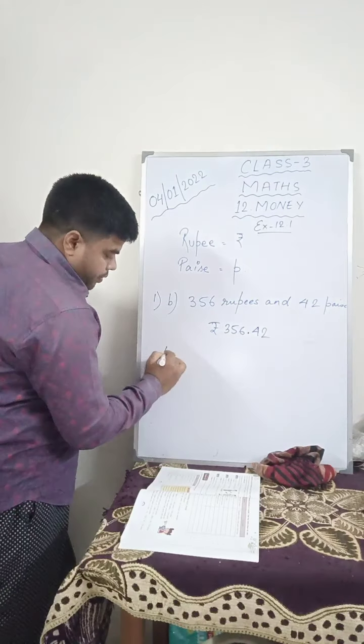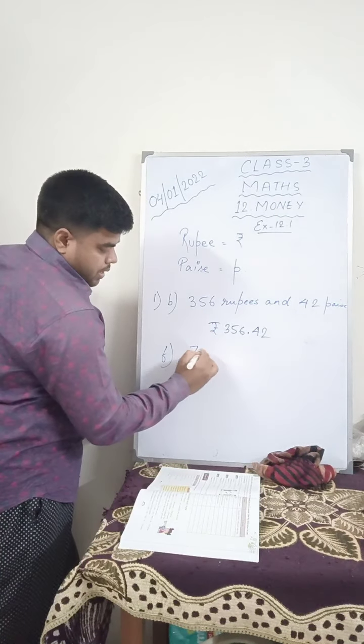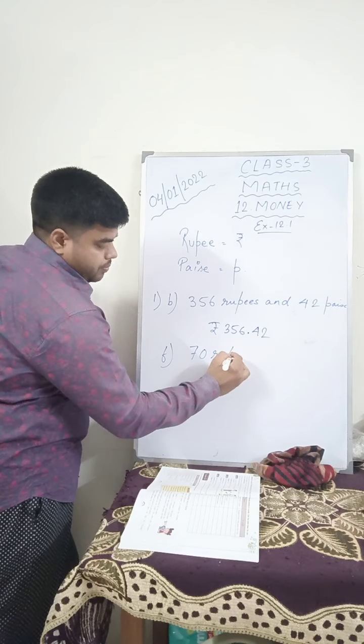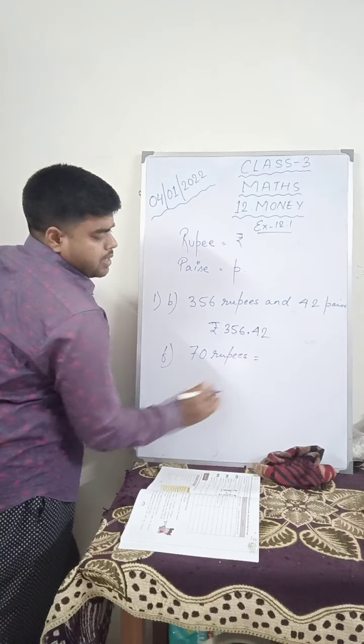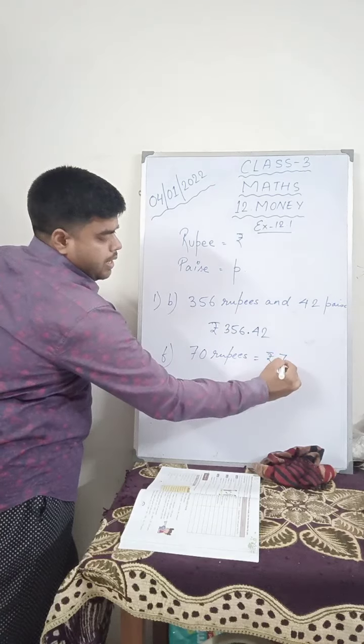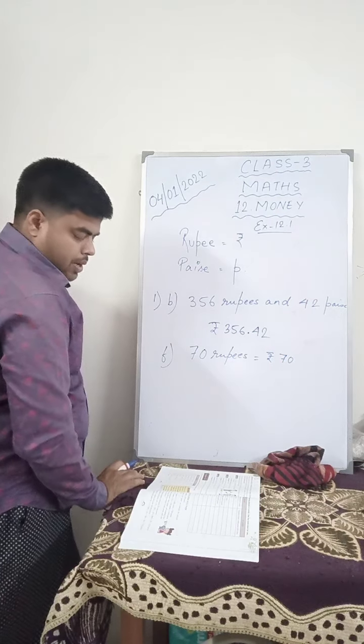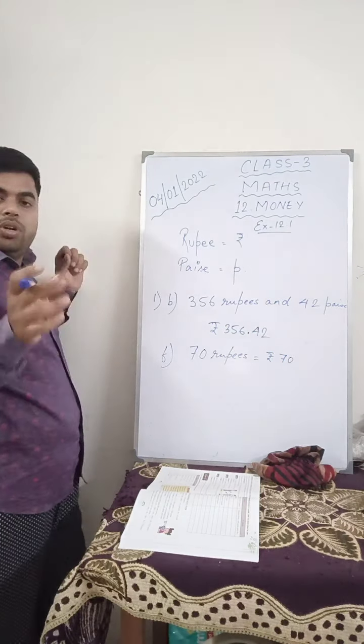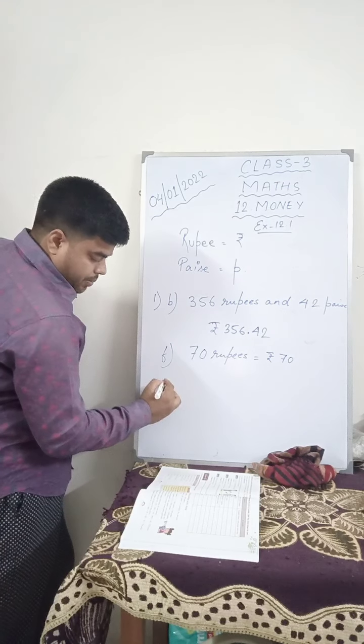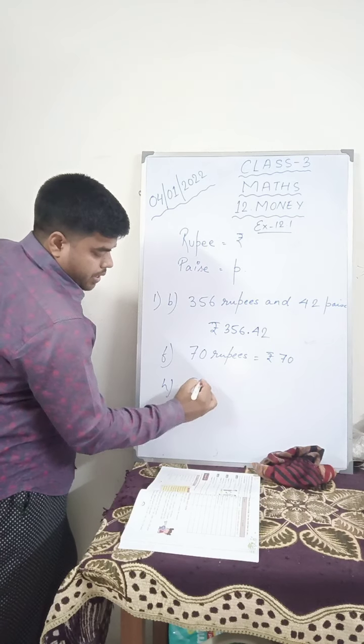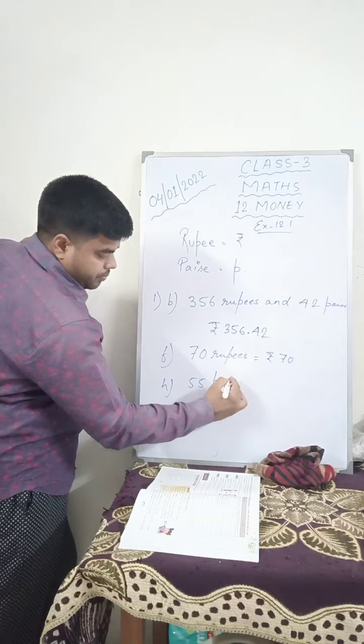Now suppose number F, they have only given you 70 rupees. In that case you will write the rupees symbol and 70. But sometimes they give you only paisa, for example number H, 55 paisa.